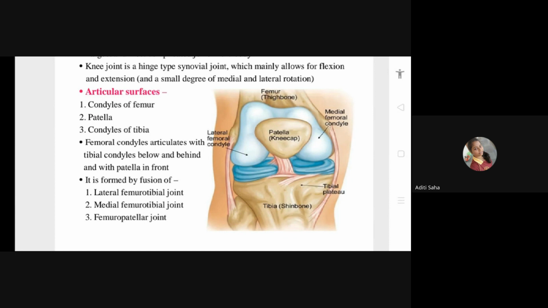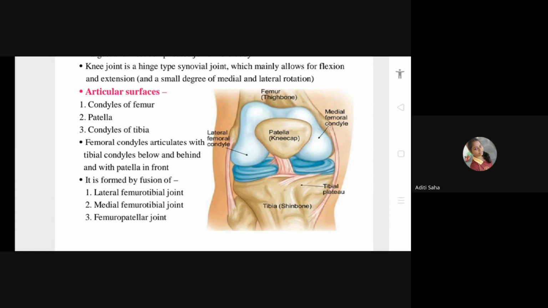So in the lateral side it is the femorotibial joint; in the medial side, the same condyle of the femur is articulating with the condyle of the tibia. So medial side femorotibial joint and femoropatellar joint. So these are the joints of the knee.